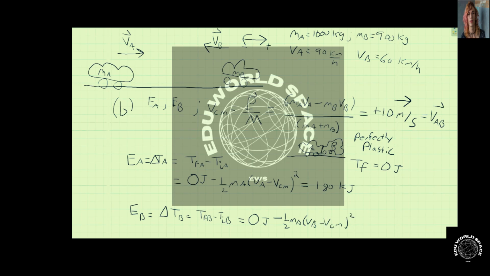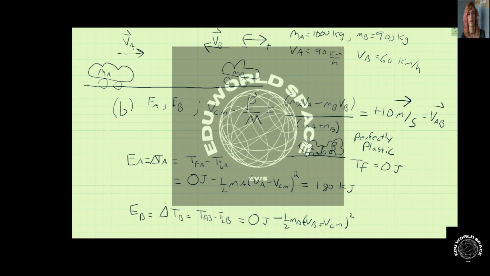Now, remember, we're moving in a frame that's moving to the right at 10 meters a second. That means car B is actually going to be moving faster than that. In this reference frame, car B is moving to the left. This velocity is to the left, so we want to make sure to put our negative sign in there. So it's actually going to be a negative 60 kilometers per hour converted to meters per second into here, minus 10 meters a second.